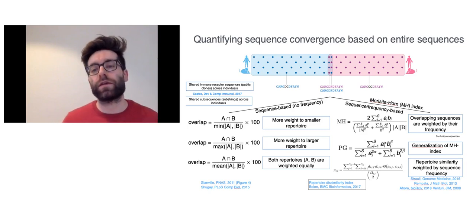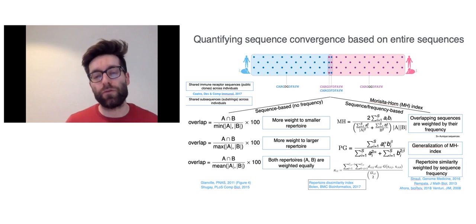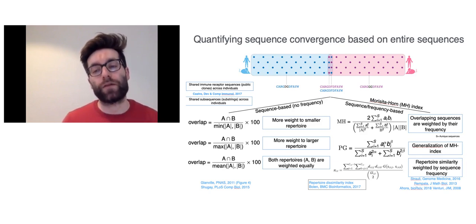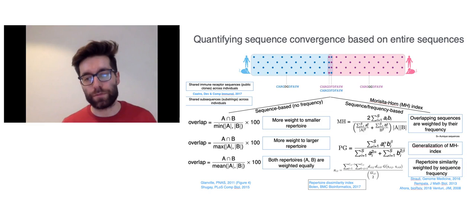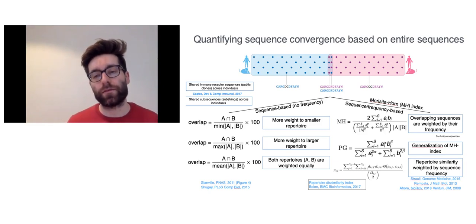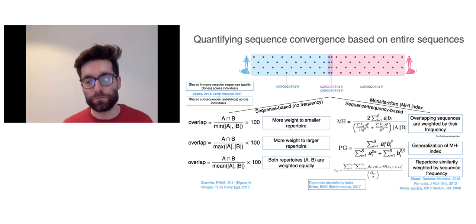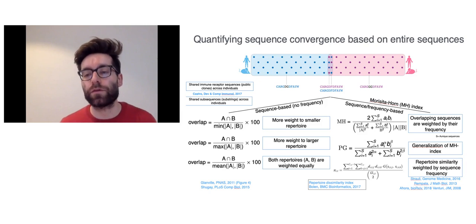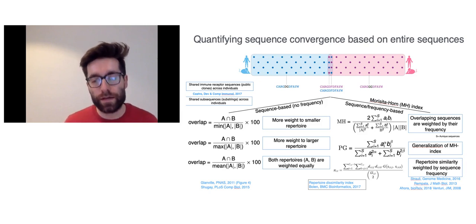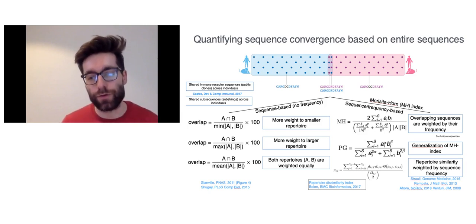And then there's, for example, the Morisita-Horn index and versions of that, which also include the frequency of your sequence. So it weights your overlap by how often a given clone is found in your repertoire. And there are many other approaches that marry these kinds of concepts together, and I'm showing you these citations there.